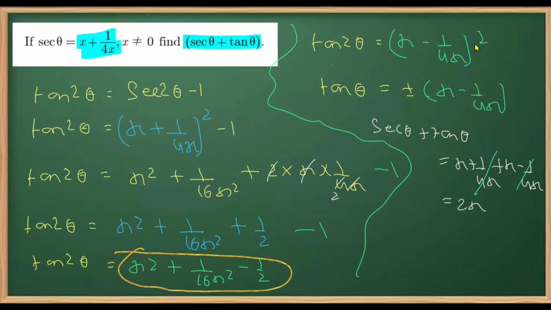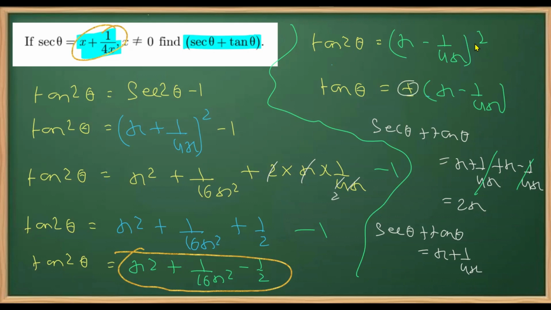But as I said, we have two possible values. In the next go, I'll find once again sec theta plus tan theta. And the value of sec theta remains the same. This is the value of sec theta: x plus 1 over 4x. And this time I'm going to take tan theta as negative of this.